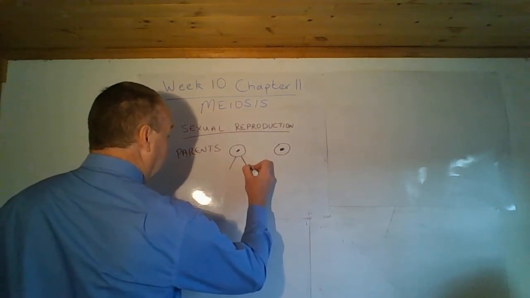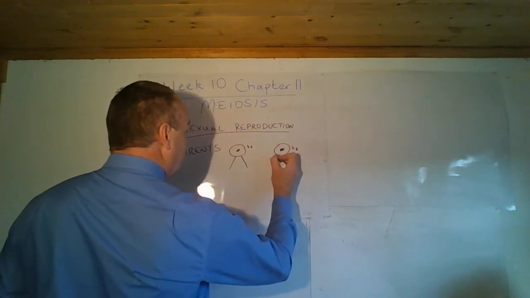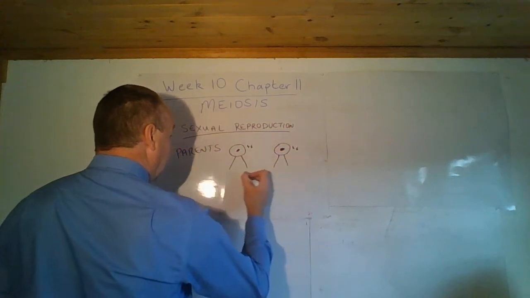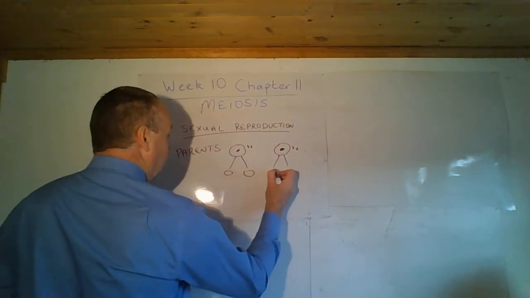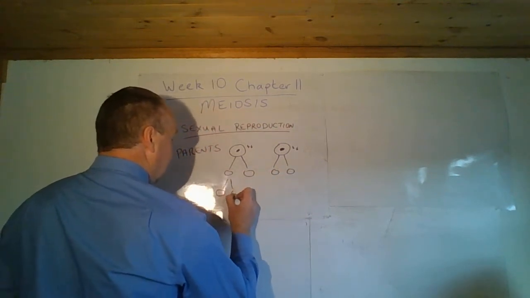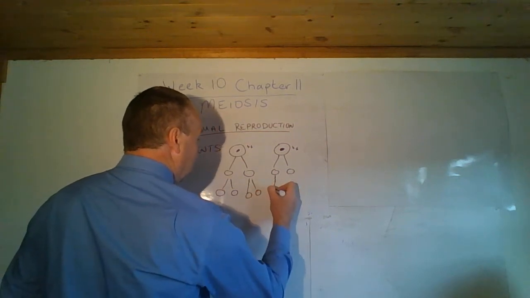So we have a 46 chromosome cell up here in a human, 46 over here, the female, and in the end we end up with 4 gametes produced from each original cell that went through meiosis.